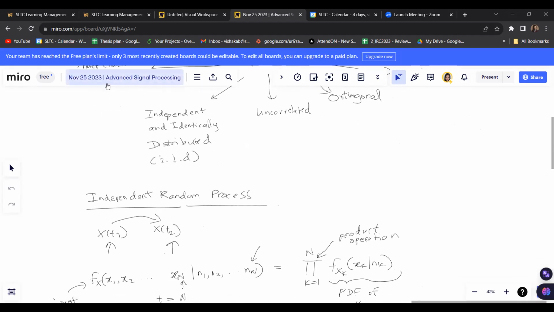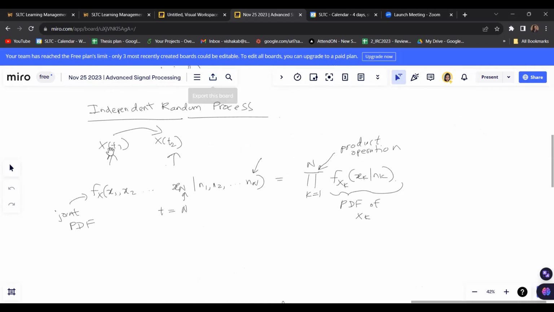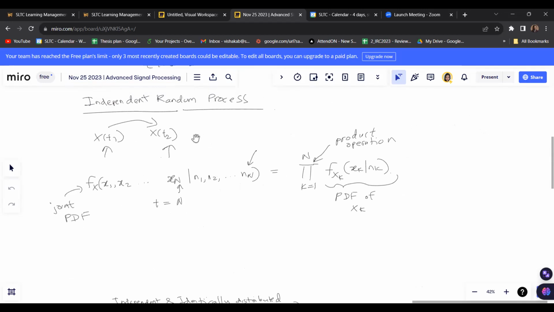Suppose a random process has variables xt1 and xt2, defined at the t1 and t2 time instances. If these two random variables are independent, then if one is varying, the other does not get impacted by it. Similarly, if xt2 is varying, xt1 is not impacted by it.